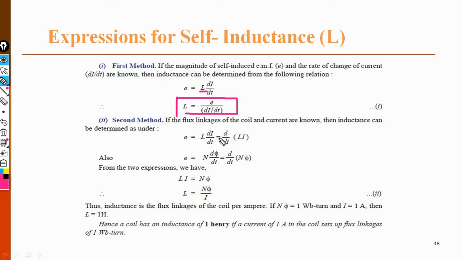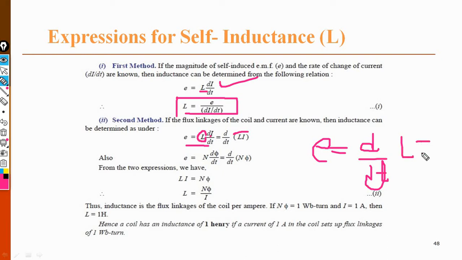E is equal to L di by dt, already used here. Then we separate L and I, that is E is equal to d by dt of L into I.